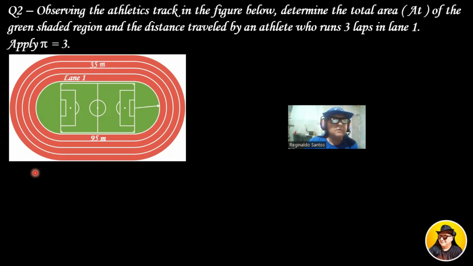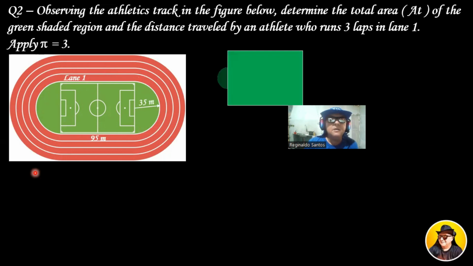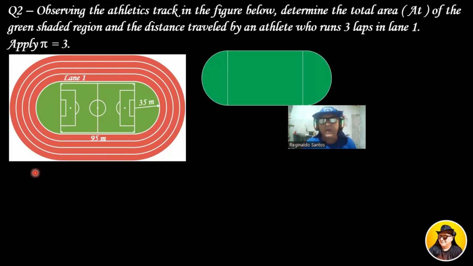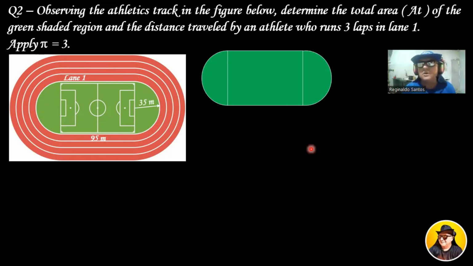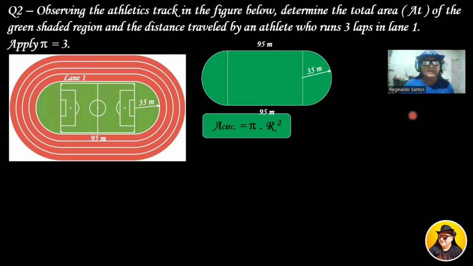The radius is 35 meters. Let's see the measurements. So 95 meters is that straight side. The radius of the semicircle is 35 meters. Let's plug in the values.